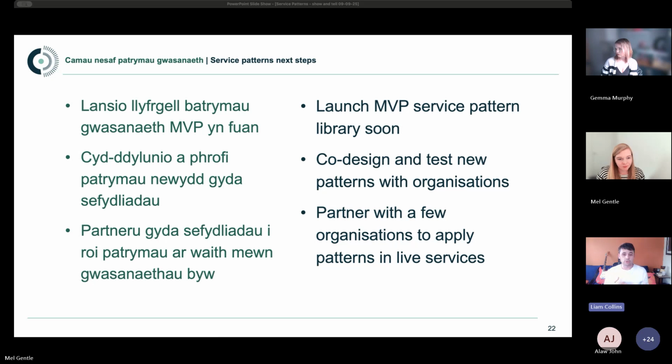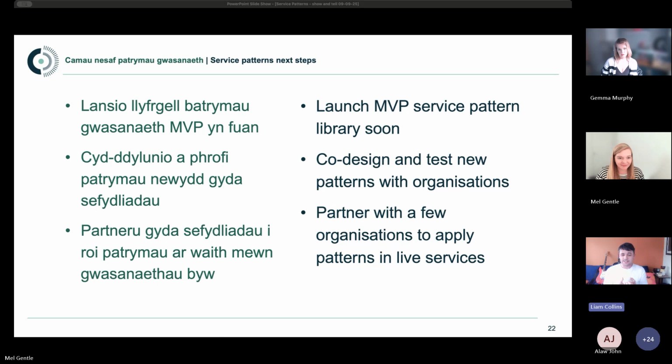So hopefully we can now look to continue co-designing and testing some of the other patterns with organizations, build up that research base that underpins all of those things to make sure that they are working and they're in the right order, as it were.